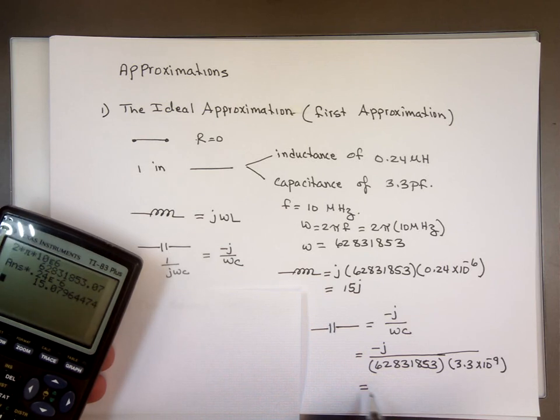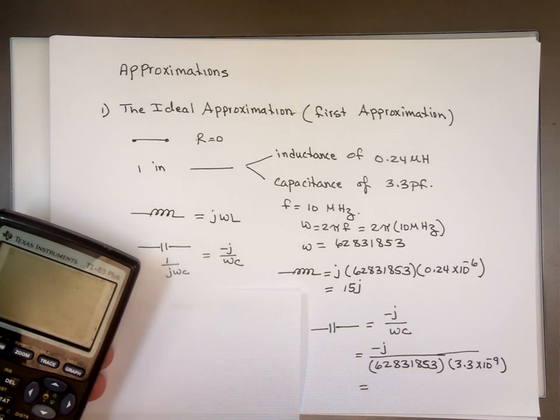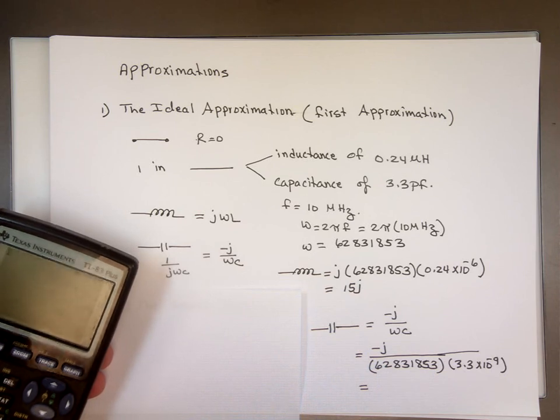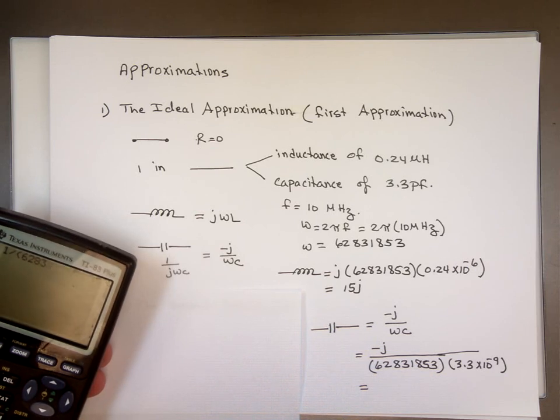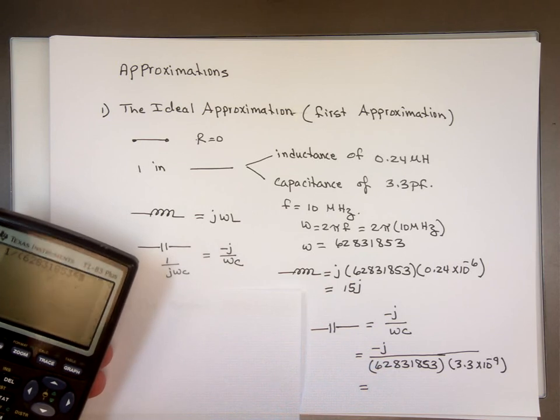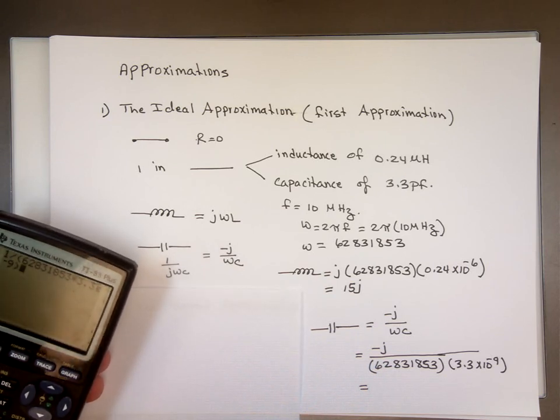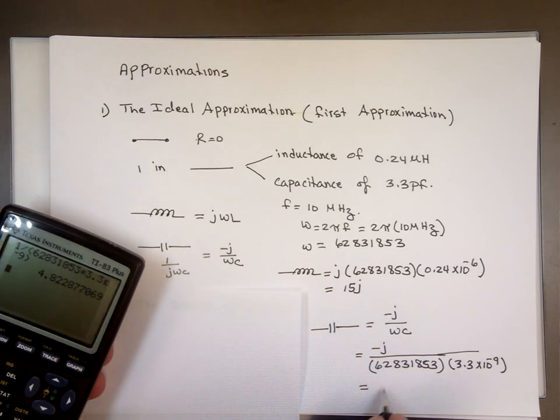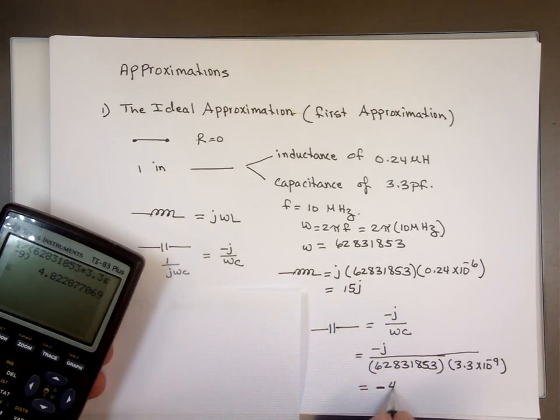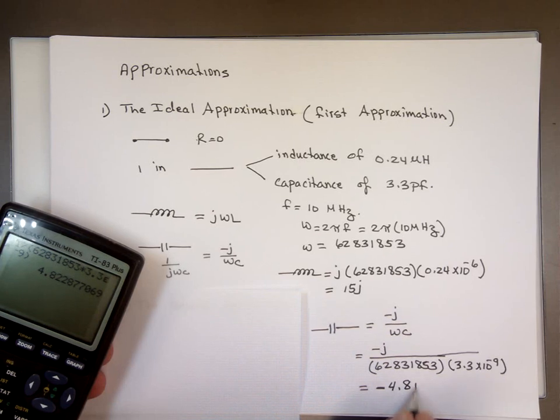We do the math: 62831.853 times 3.3 times 10 to the negative 9, and we do 1 over that. And that will have a value of negative 4.8j ohms.